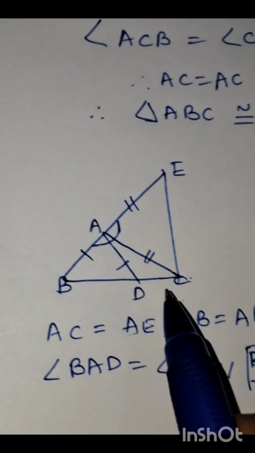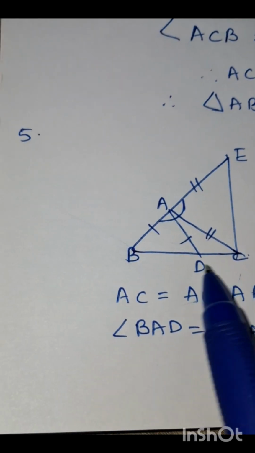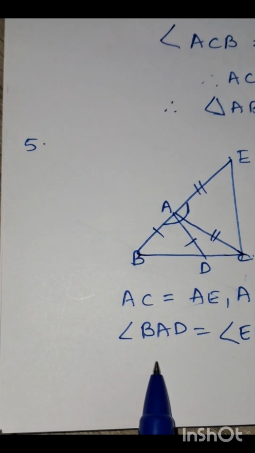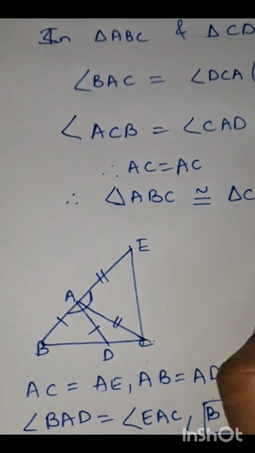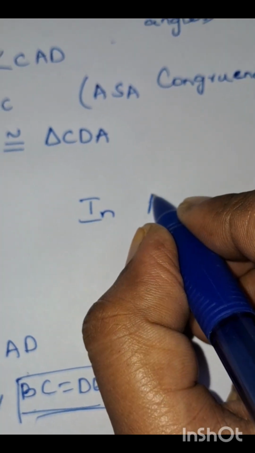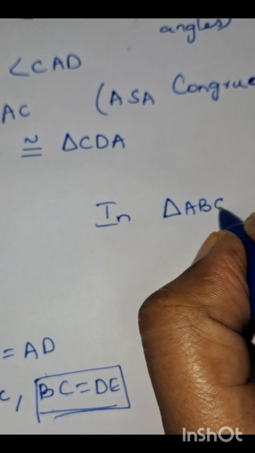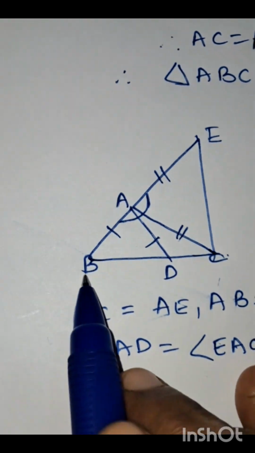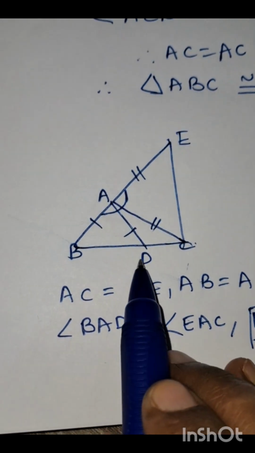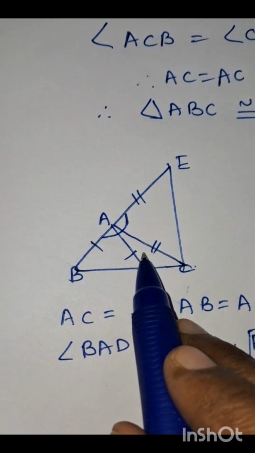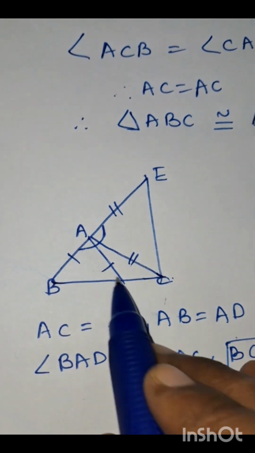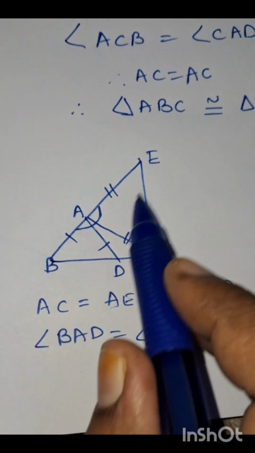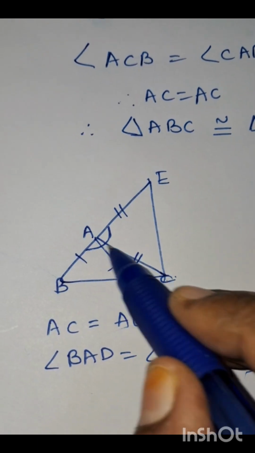Now see here, this is your triangle which they have given. In this, they have given AC is equal to AE and AB is equal to AD, and also these angles are equal to each other. So first, in triangle ABC and triangle ADE, AB is equal to AD and AC is equal to AE.